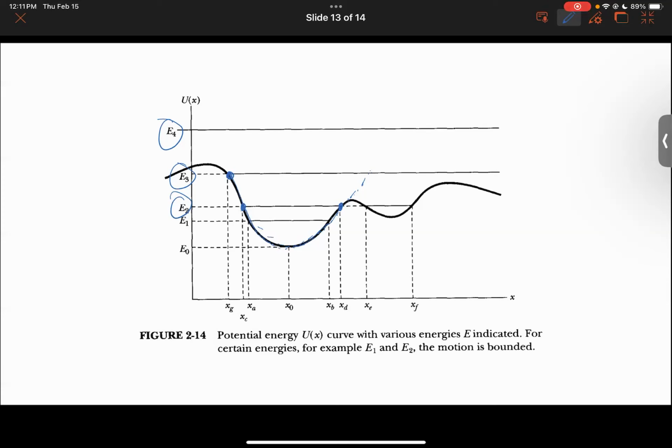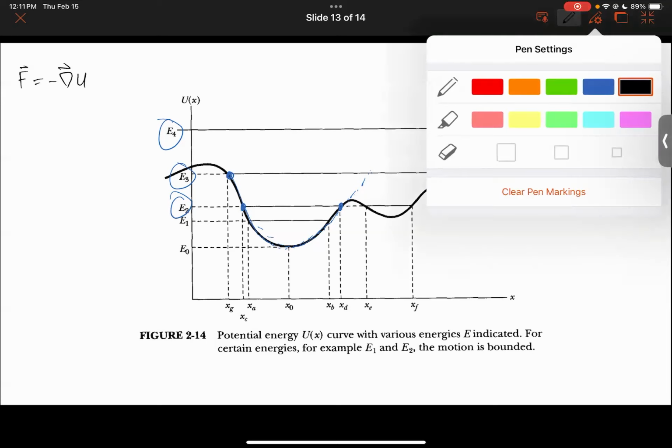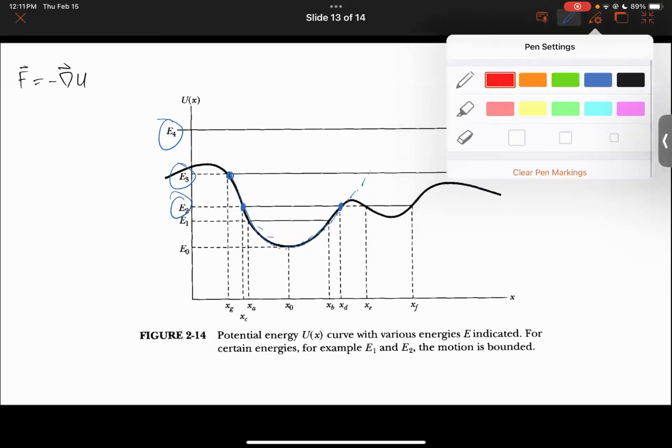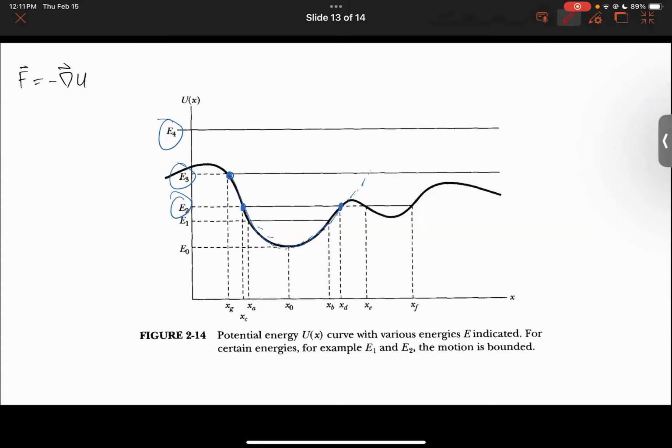Remember that the force is the negative gradient of U. So if we take a look at this gradient here, dito muna sa E3, yung gradient na yan ay may negative na slope.